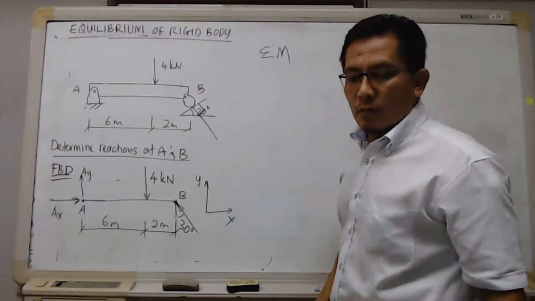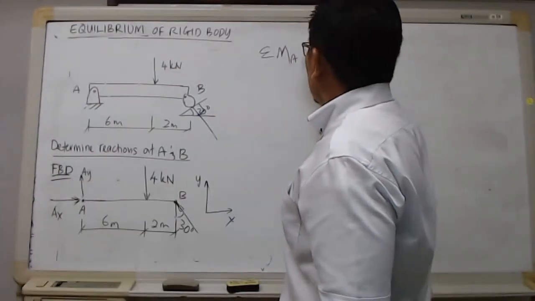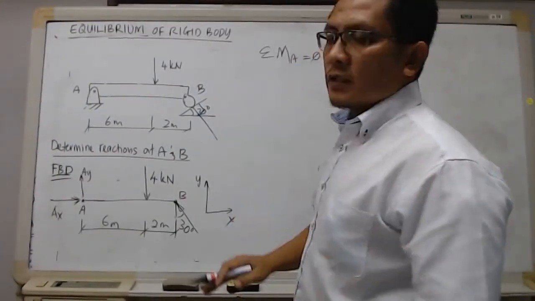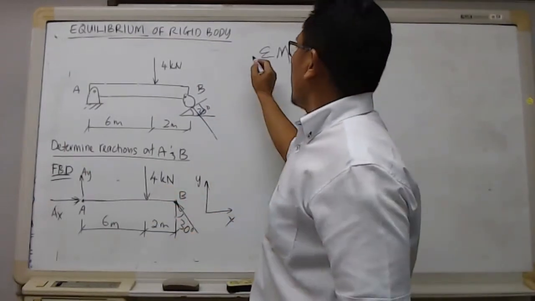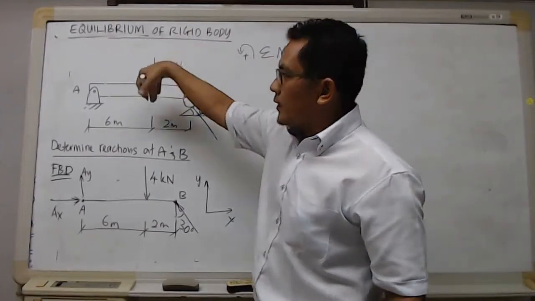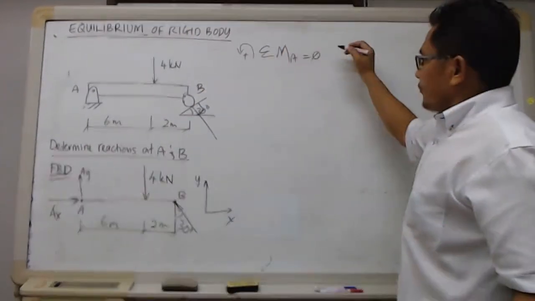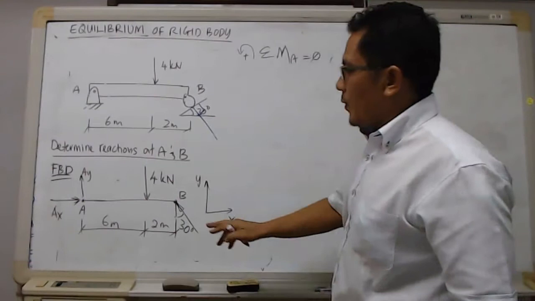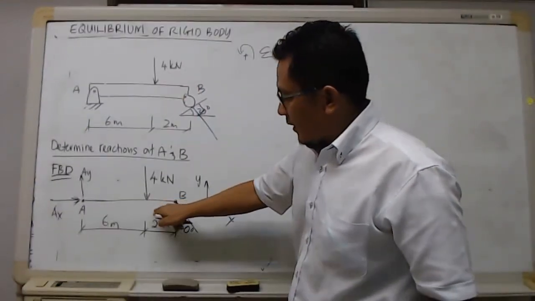So if you choose the moment at A is equal to 0, because it's 2D, you can use the diagram approach. So you assume that counterclockwise is positive.